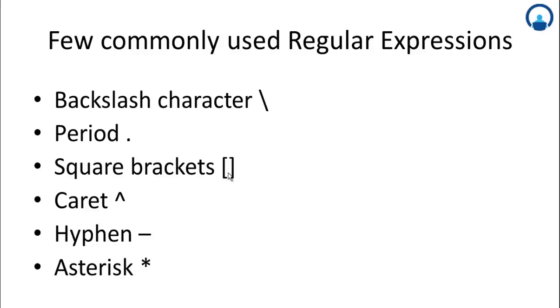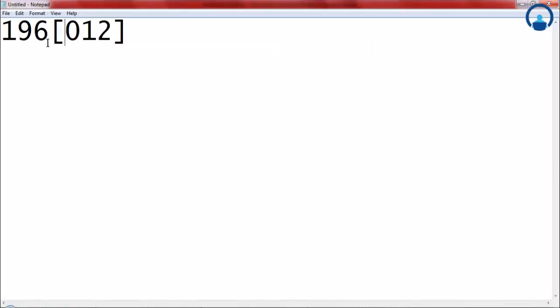So let's see an example. In this case, as I said earlier, QTP will match 1960, 1961 and 1962. Now suppose in my case, I don't want these 3 years to be matched. The rest could be anything. So what I'll do is, I'll use a caret.